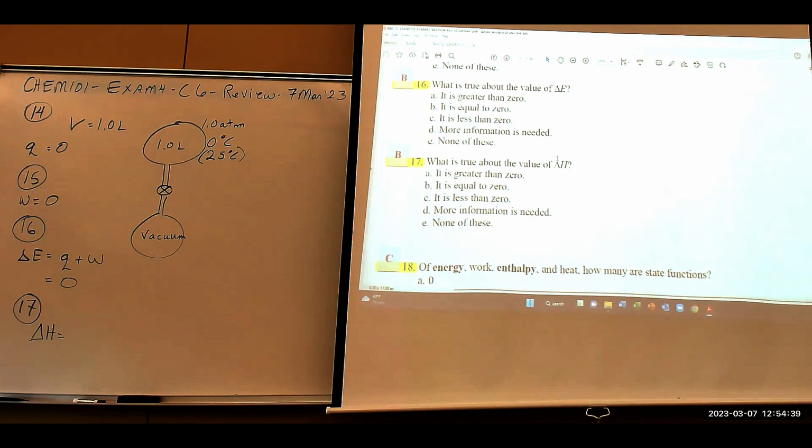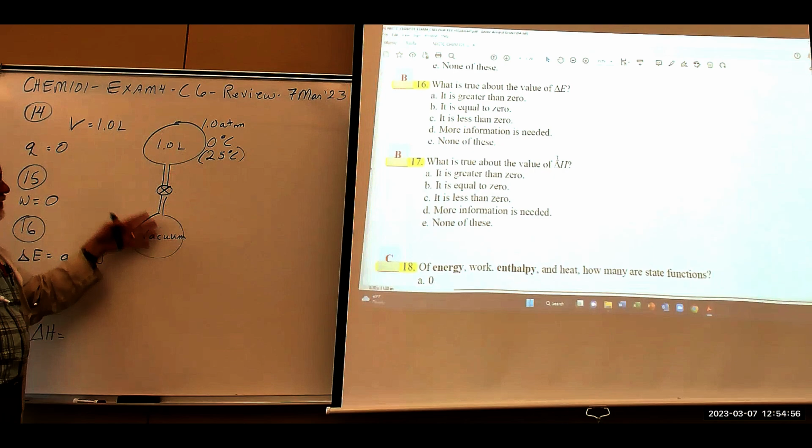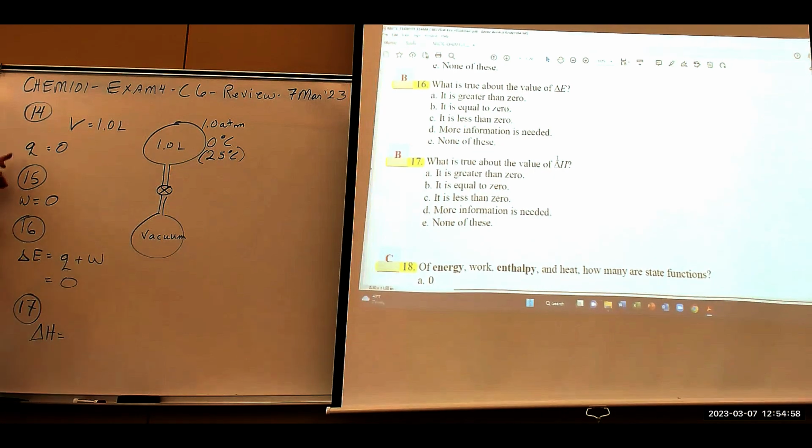Delta H is enthalpy. The only time that it's equal to Q is when the pressure is constant. And that is the pressure between the system and the surroundings is constant. And the surroundings have no influence on this whatsoever. So since we found that one to be 0, this one's got to be 0 too. So they're all 0.